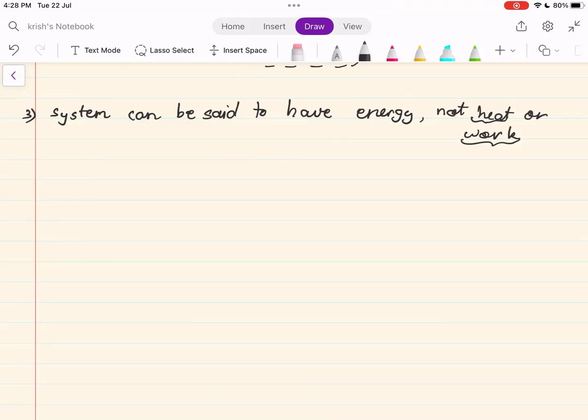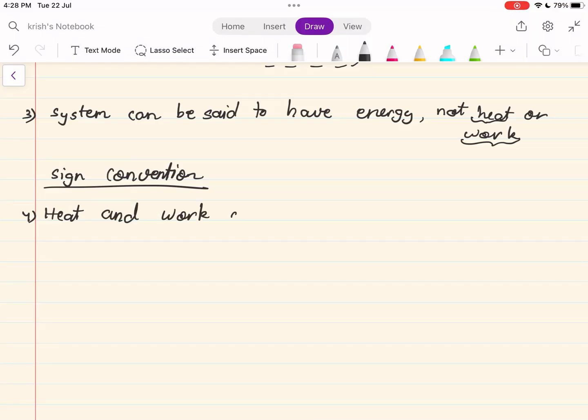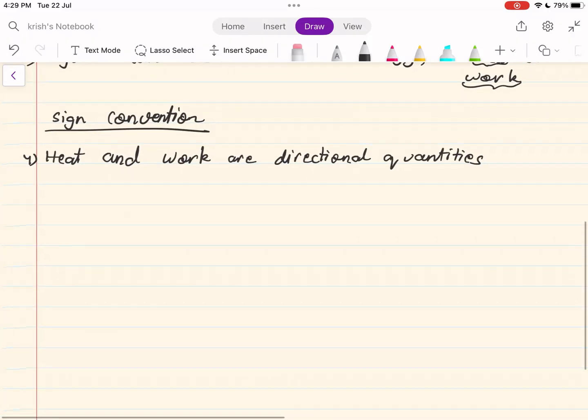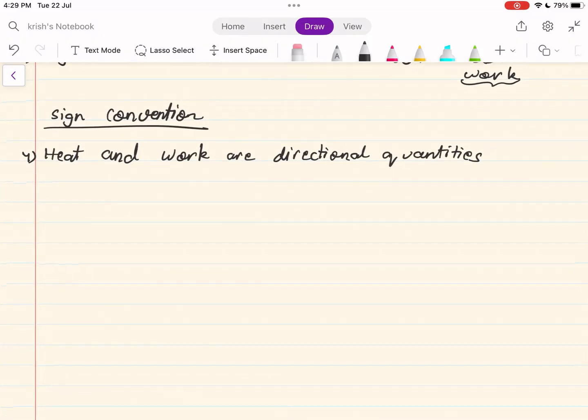Now we'll look at the sign convention, quite important. Heat and work are directional quantities, as we know. So, work and heat can either be in or out.